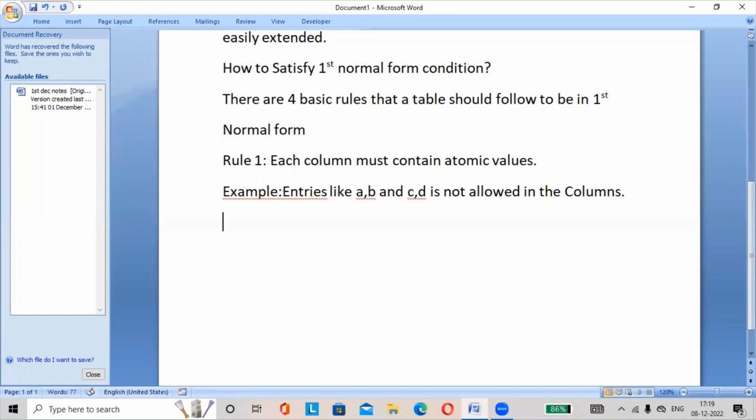Then what is rule number 2? Rule number 2: it must contain the same data type. A column must contain values that are of the same data type.